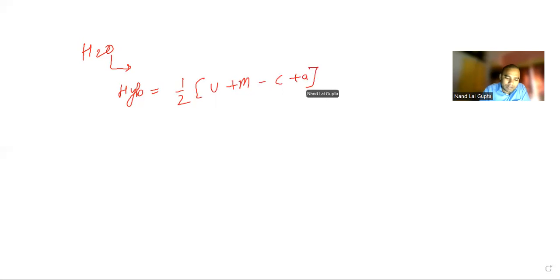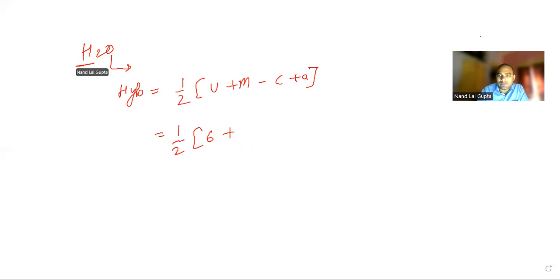Okay, no problem. H2O. See, if you are talking about oxygen, I am considering the hybridization of oxygen. 1 by 2 (V plus M minus C plus A). Okay, carefully. The number of valence electrons in oxygen is 6. Monovalent, 2 hydrogen.